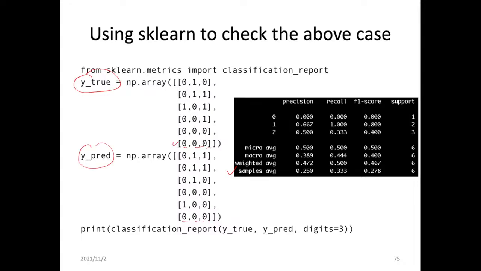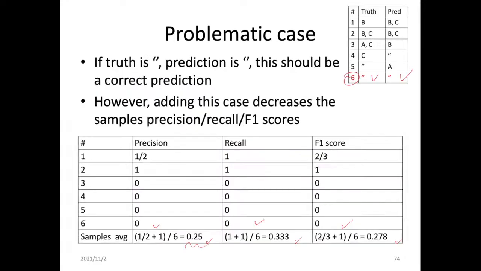And I compute the macro, weighted, and samples precision, recall and F1 score. And then this is the table. And you will see that the samples average here is the same as the problematic results here. So there's probably an issue.